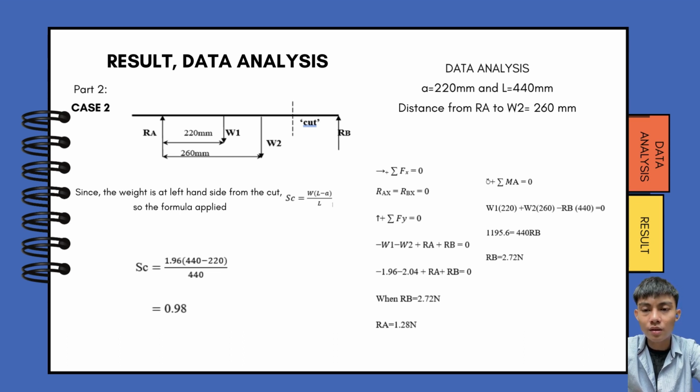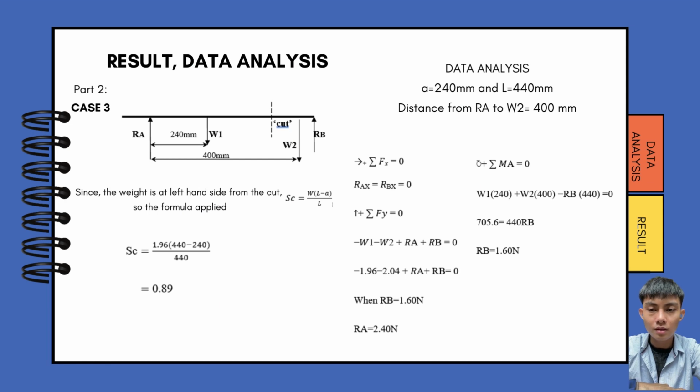Hence we apply the same formulas: total vertical force Fy equal to 0 and the bending moment at point A equal to 0. Using the basic formulas, we can see clearly RA equal to 1.28 newtons and RB equal to 2.72 newtons.